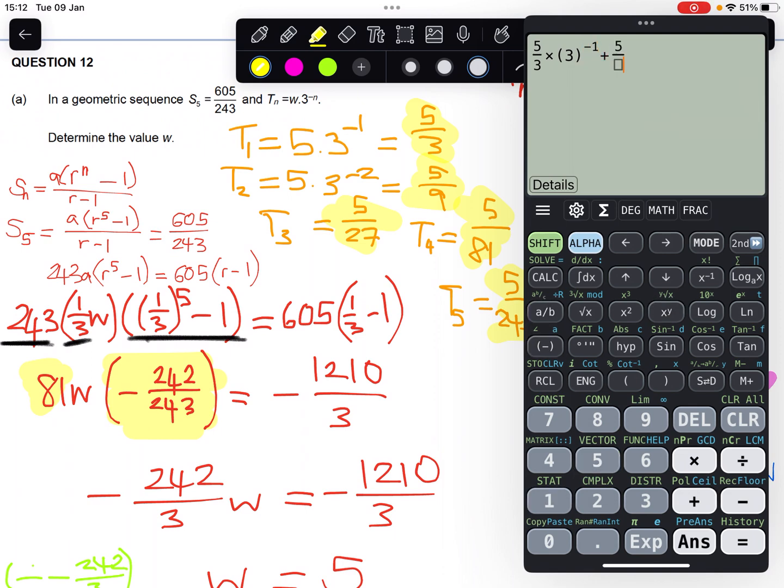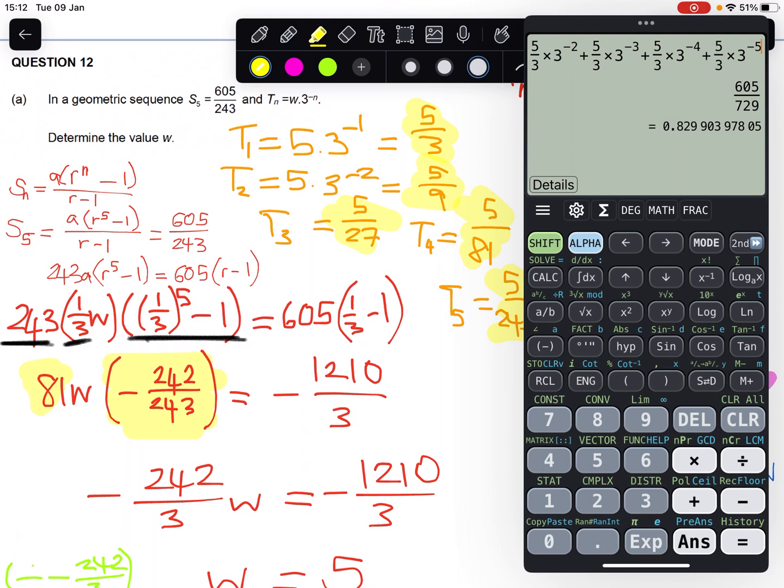Then 5 over 3 times 3 to the power of negative 2, plus 5 over 3 times 3 to the power of negative 3, plus 5 over 3 times 3 to the power of negative 4, and then one last one, 5 over 3 times 3 to the power of negative 5.